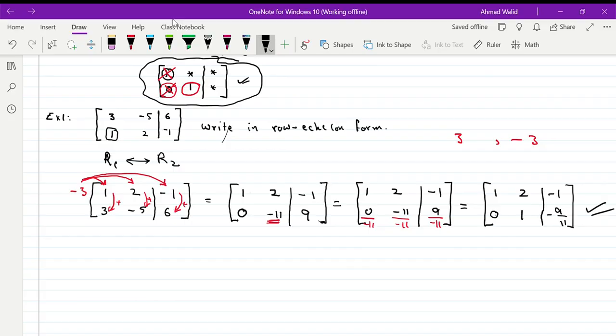You change your given matrix to a row echelon matrix, or let's make it simple, to a goal matrix. Correct? This is how you do the operation to change a matrix to a goal matrix or row echelon matrix.